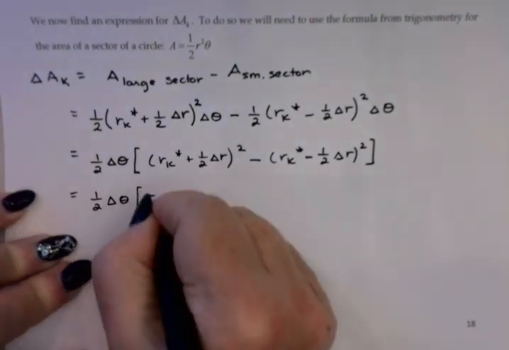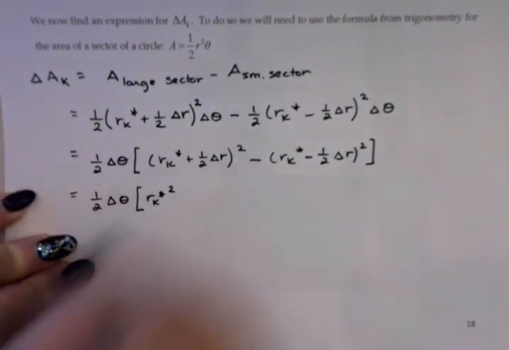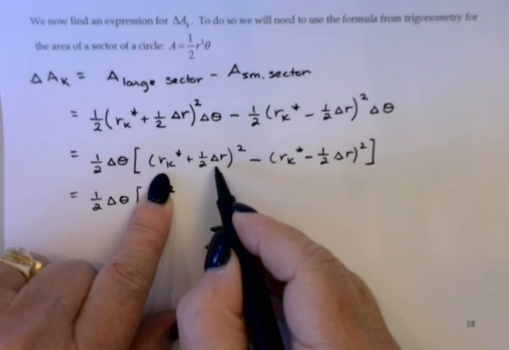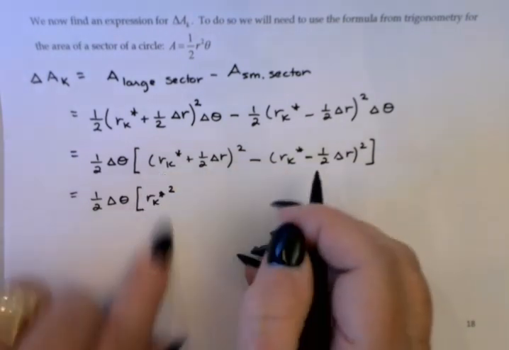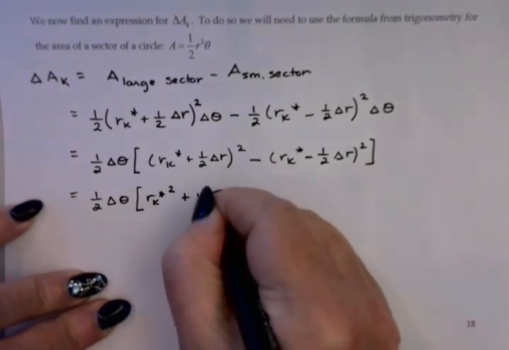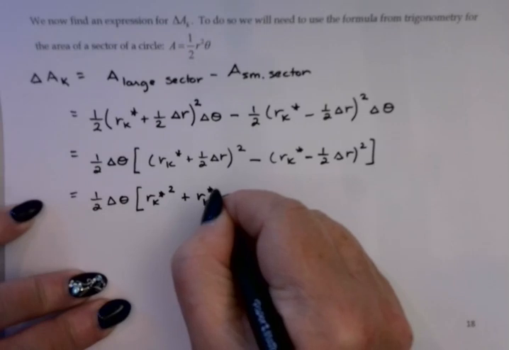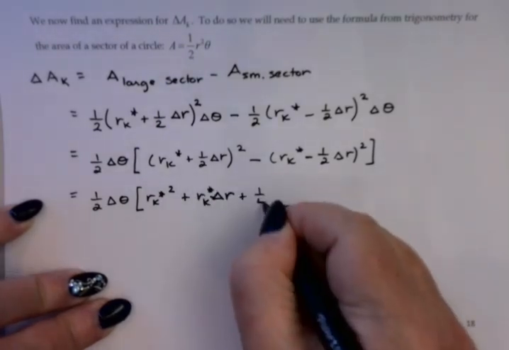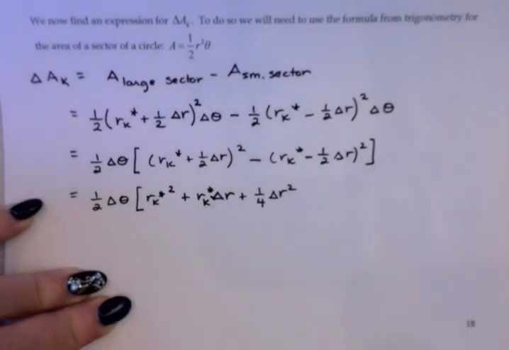Squaring this will give me r k star squared, and then the product is 1/2 r k star delta r, but I'll have two of those, one from the inners and one from the outers. So 2 times that half is just going to give me 1 r k star delta r, plus 1/4 delta r squared.